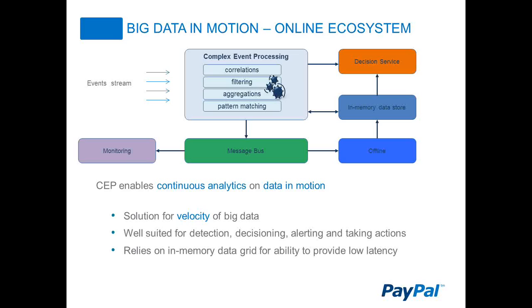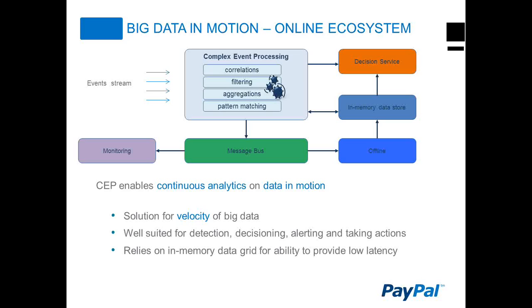So for big data in motion, there's a complex event processing technology that you could leverage. The basic idea is that you feed in these event streams into processors where you can do correlation of events. What that means is you could say if user just logged in and then user clicked on show items page, then I know this user is going to, what is this user going to do next? The idea is that with CEP type of technology, you're always looking forward.